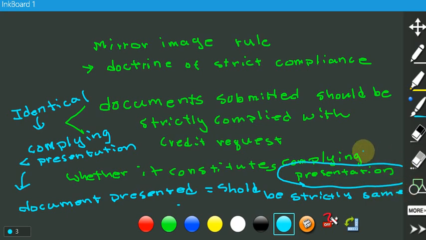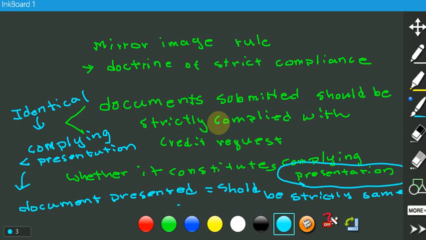Even the letters should be identical. Even one letter, one word should be identical. That is the principle of the mirror image rule, like a mirror, the image reflected by a mirror.